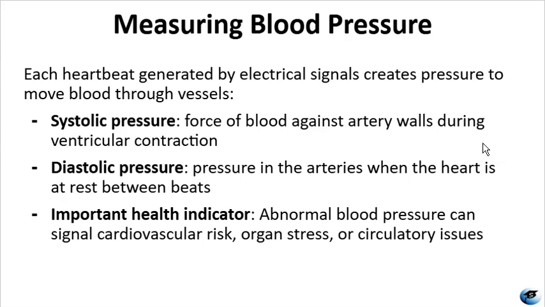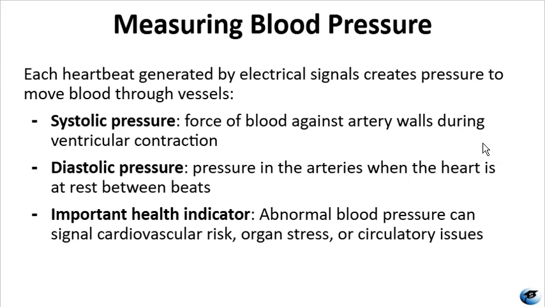Systolic pressure is the higher number, and it represents the force of blood against the artery walls during ventricular contraction when the heart is actively pumping. And diastolic pressure is the lower number, measuring the pressure in the arteries when the heart is resting between beats.